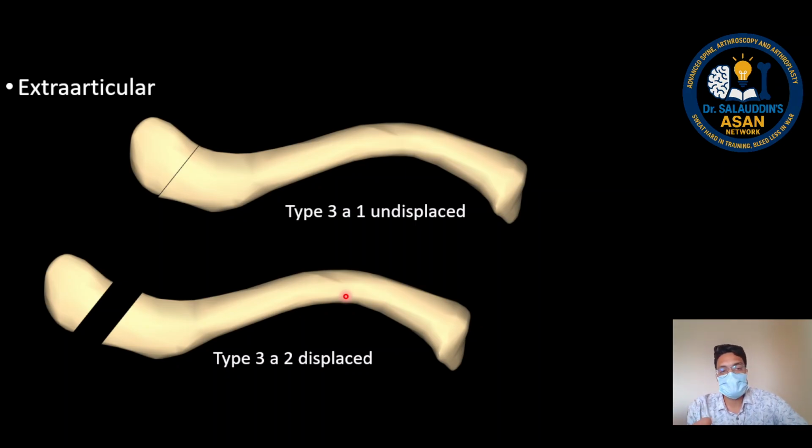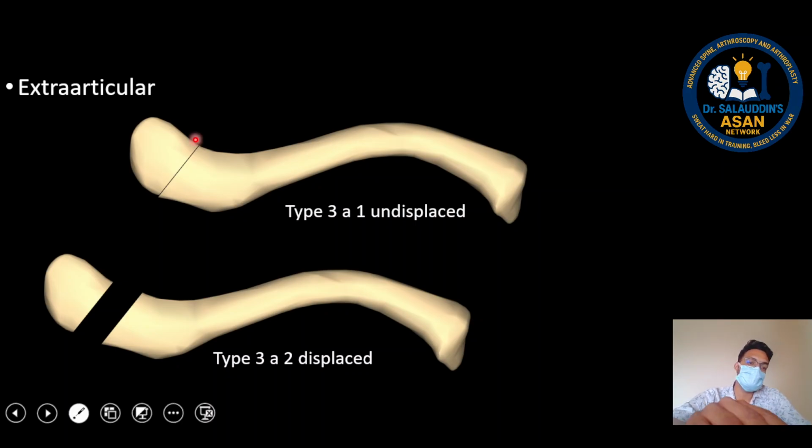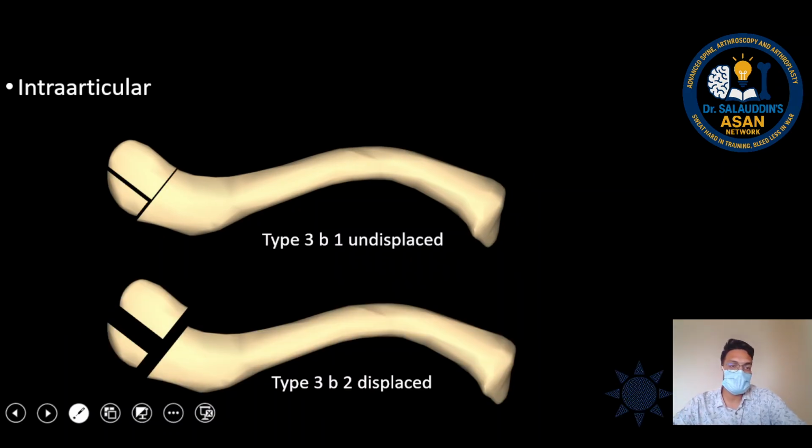Type 3, that is the lateral end, the acromial end, is divided into extra-articular fracture and intra-articular fracture. For the extra-articular fracture, type A1 is undisplaced, and type A2 is a displaced fracture. Intra-articular is similarly undisplaced and displaced.